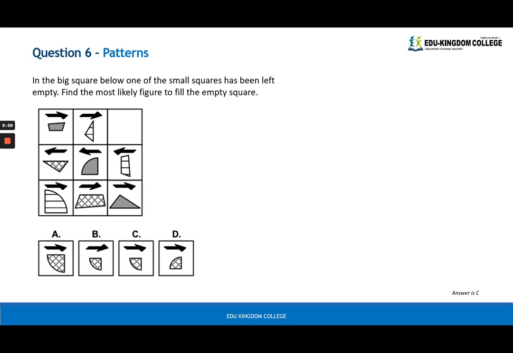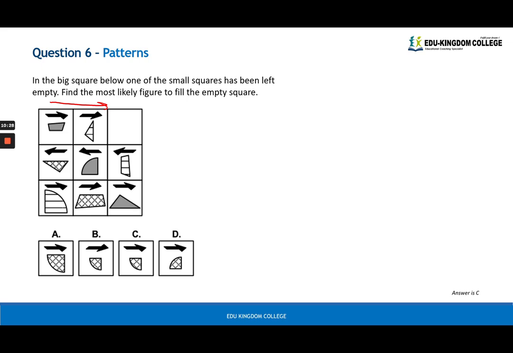Okay, number 6. So the general pattern here is that we have 3 shapes that are going differently in each of these rows. Okay, we're moving in rows. First thing you should notice is that we are missing the quarter circle shape, and it should be in this lattice formation because we're missing the lattice one.